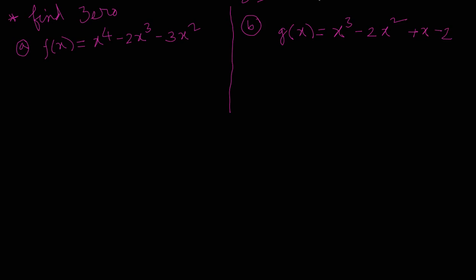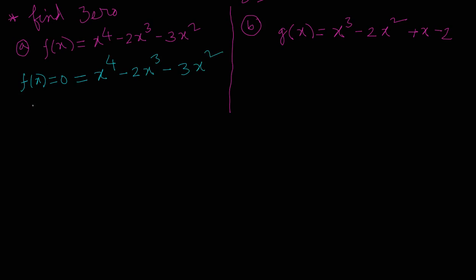Let us try to solve them one by one. As we know, to find the real zeros of the polynomial, I have to equate f(x) equal to 0. So 0 equals x power 4 minus 2x cube minus 3x square.